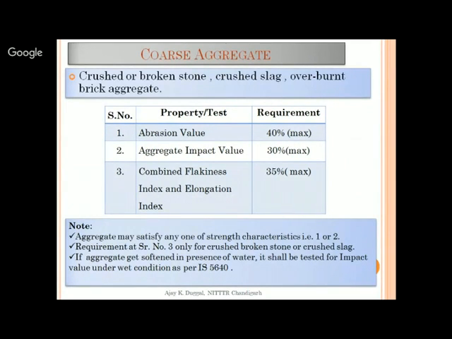Now remember, both Los Angeles abrasion value and impact value are measures of the strength. So only one of these tests needs to be conducted and complied with, but if you wish to do both, it's your choice.